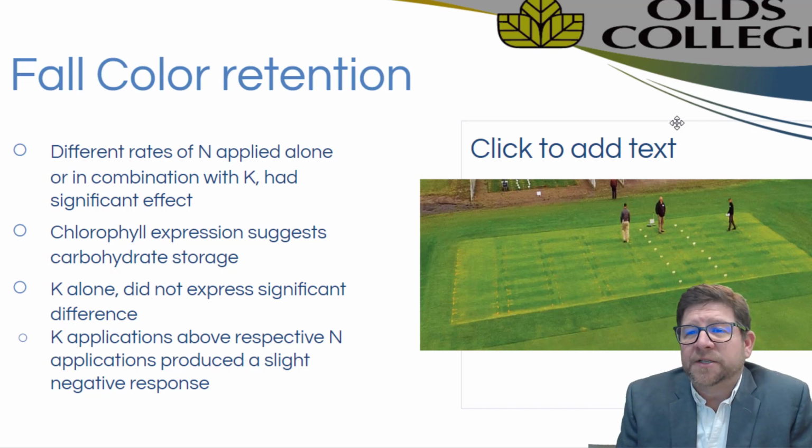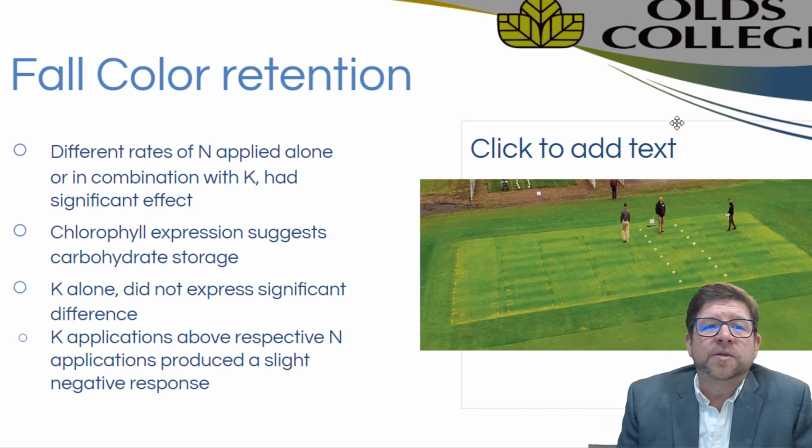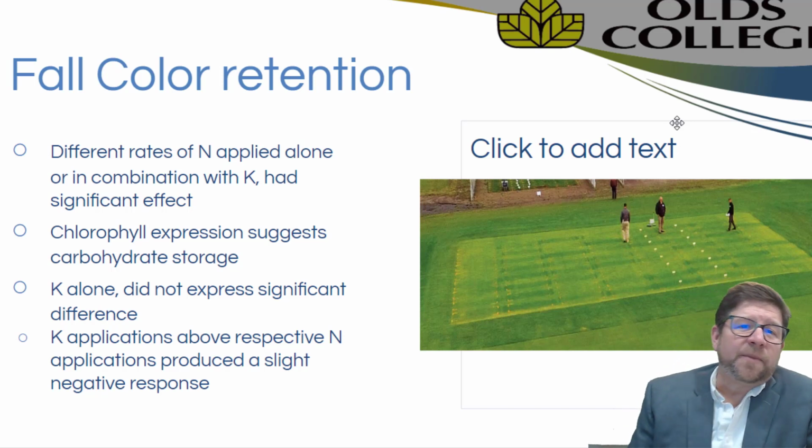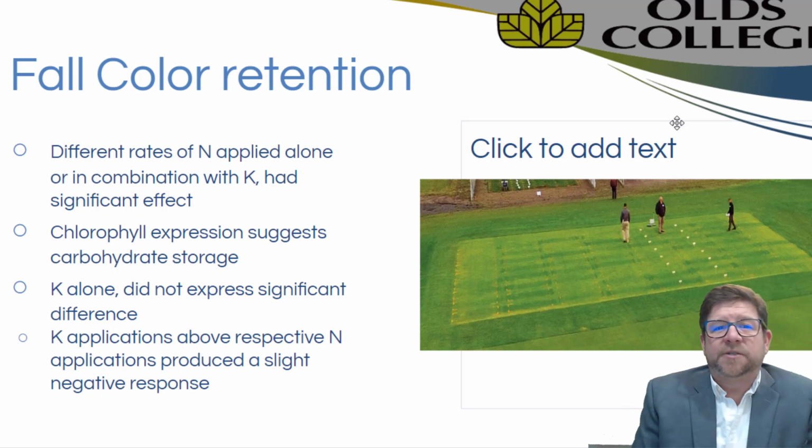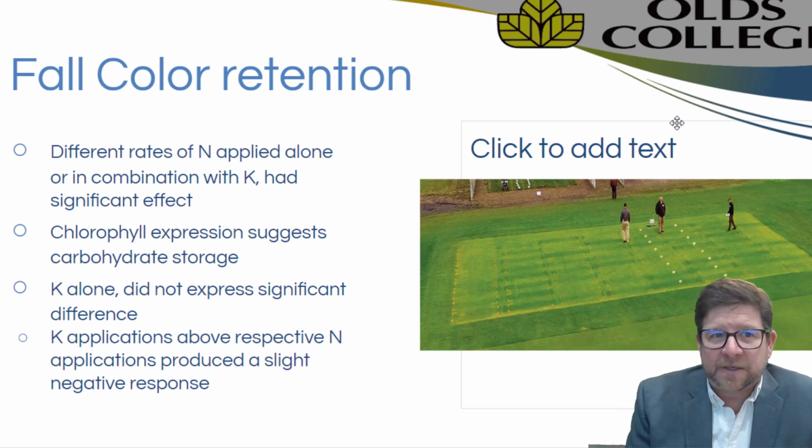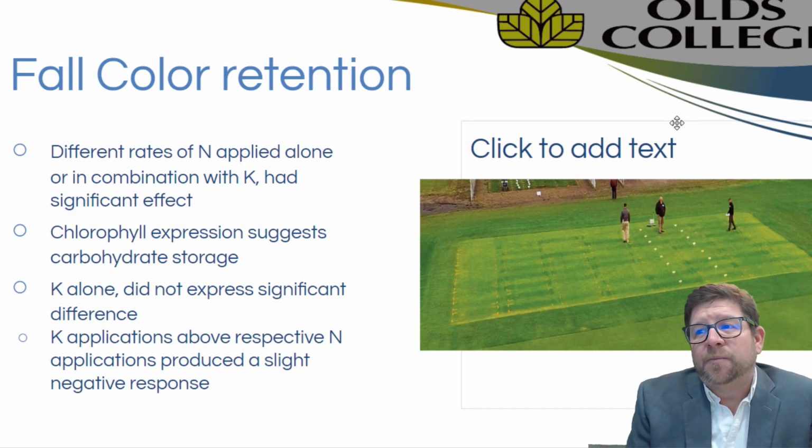Chlorophyll expression suggests that carbohydrate storage was happening. That's the green, the chlorophyll. But again, potassium, and you can see many of those plots that showed no expression were typically potassium applications without a combination of nitrogen with them. So K applications above their respective nitrogen applications produce a slightly negative response, in fact. Higher potassium than nitrogen proved detrimental.